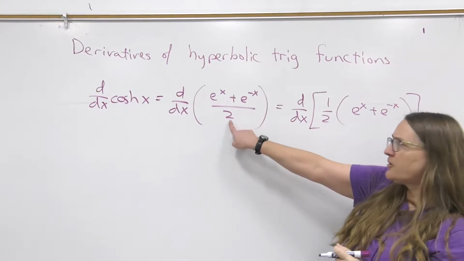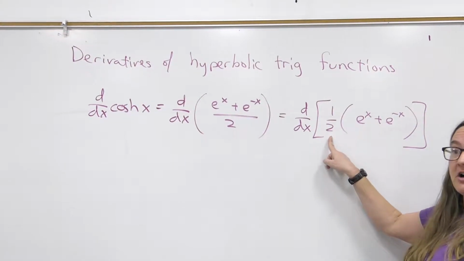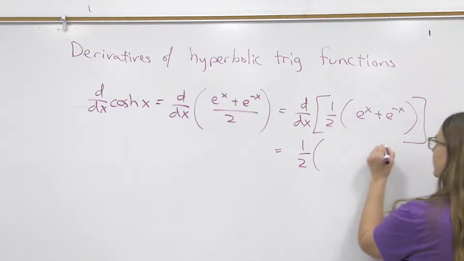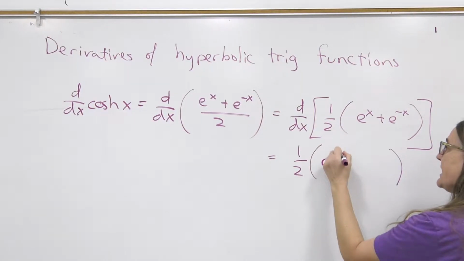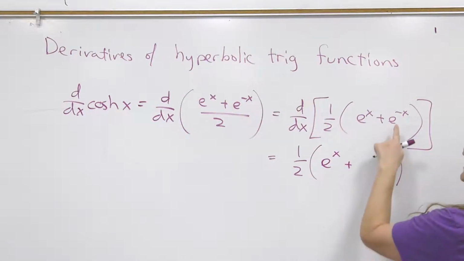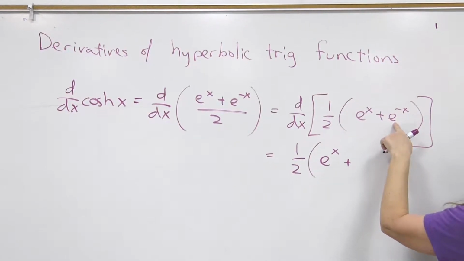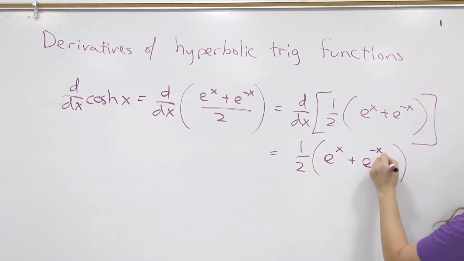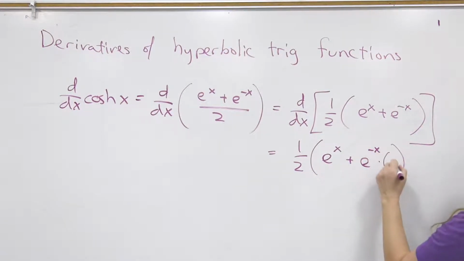So this denominator is just constant, so I'm going to factor it out as a fractional constant, and now I can say the derivative is just 1/2 of the derivative of e to the x, which is e to the x, plus the derivative of e to the negative x, for which I'm going to need to use chain rule. So I'm going to get e to the negative x multiplied by the derivative of negative x, which is just -1.